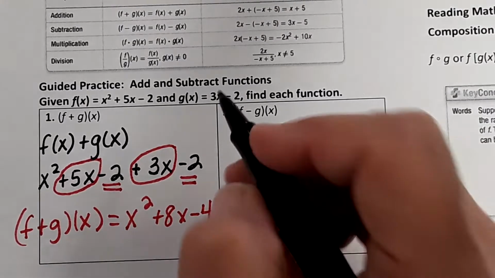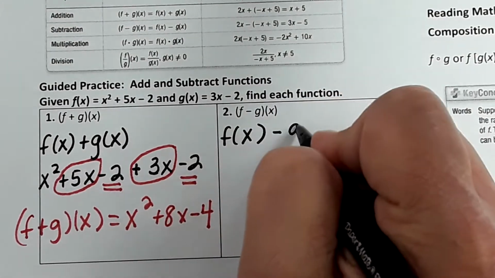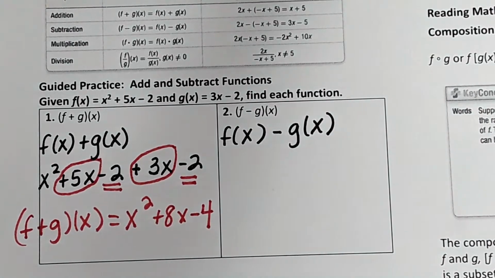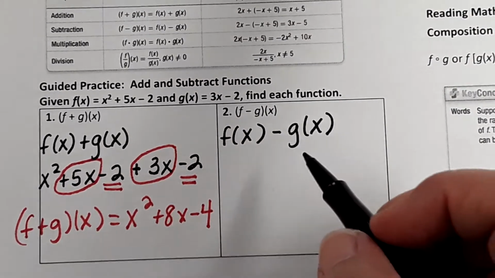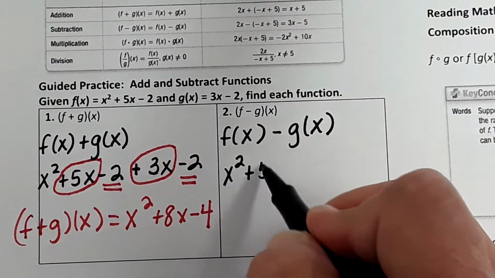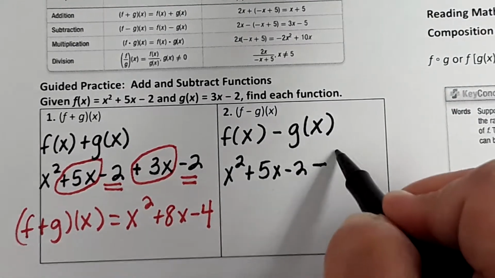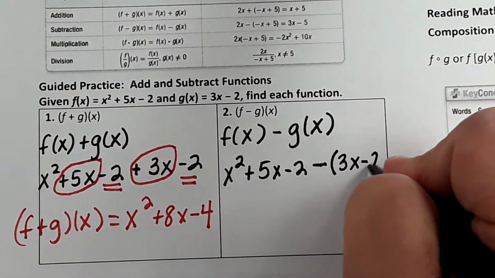Number 2 means f of x minus g of x. F of x minus g of x means x squared plus 5x minus 2 minus, and now you have to put that g of x in parentheses.